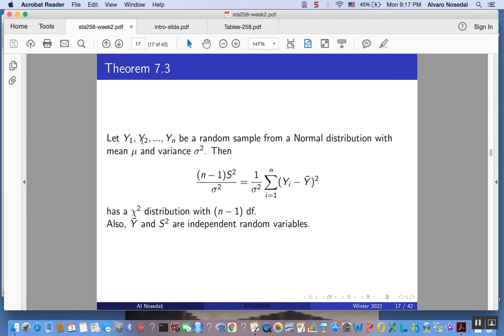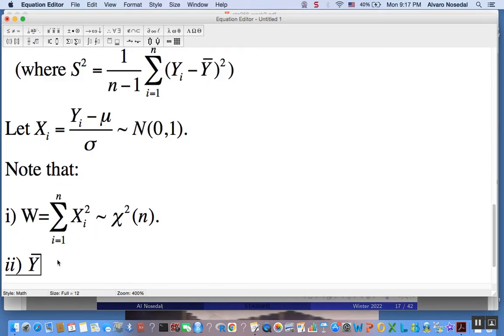We have y1, y2 up to yn. They are normally distributed with mean mu and variance sigma squared. In another video, we have already shown a theorem that tells you the distribution of y bar. Remember what's the distribution of y bar, the sample mean, if you have a sample of n normally distributed random variables?